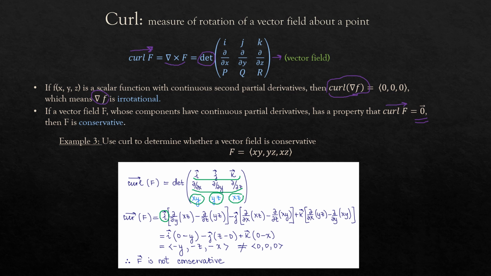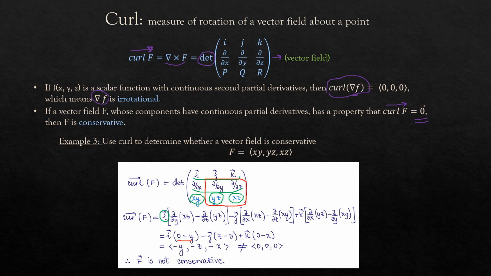Okay, let me remind you, we'll look at this matrix right here. So it is the partial of xz with respect to y minus the partial of yz with respect to z. And so we compute that one, and we get 0 minus y.